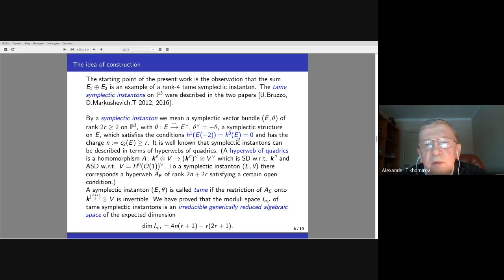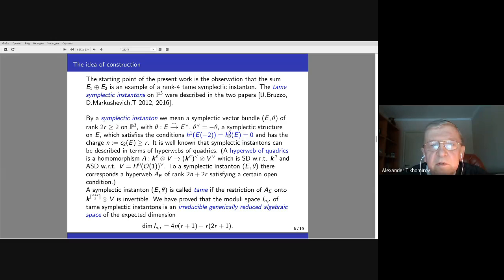Some people prefer to give the definition where H0 of E minus 1 vanishes, which follows from our condition. So it is a rougher condition, but for us, in the present work, it makes no difference.